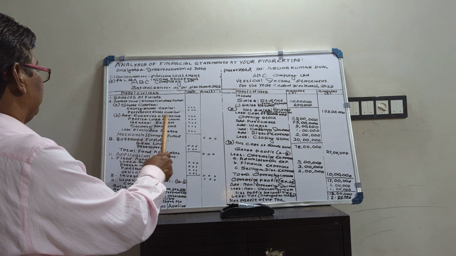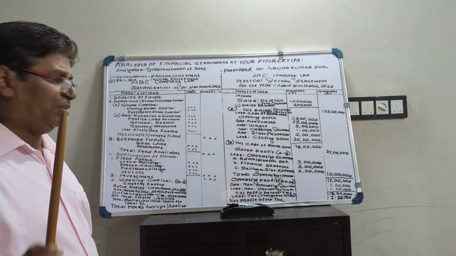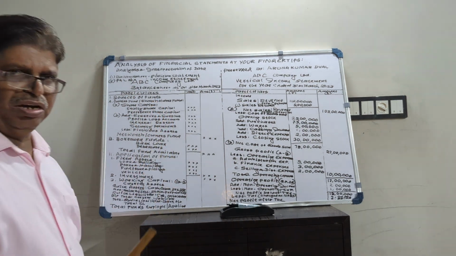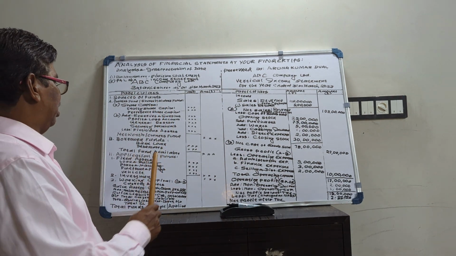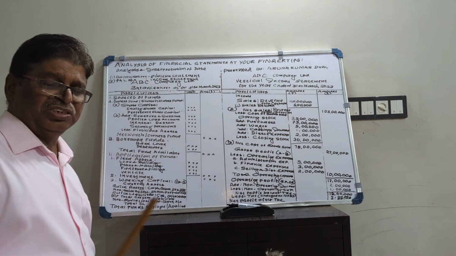Then reserve and surplus. Reserve and surplus includes profit and loss account, then general reserve, securities premium, etc. Less from the reserve and surplus we have to deduct fictitious assets.